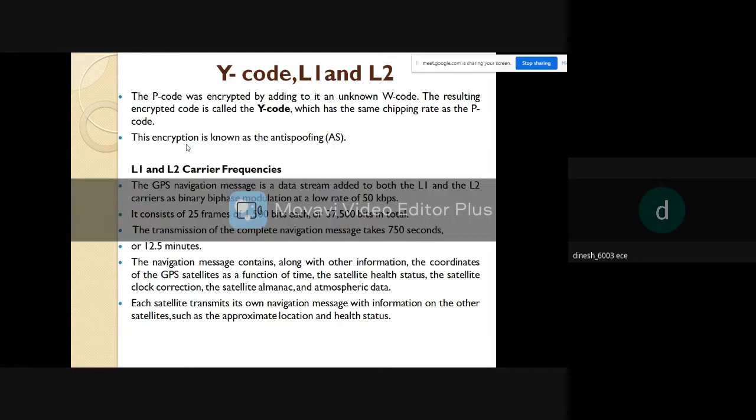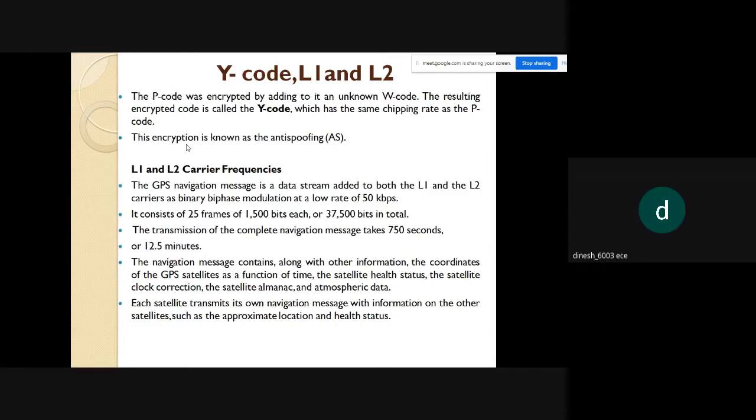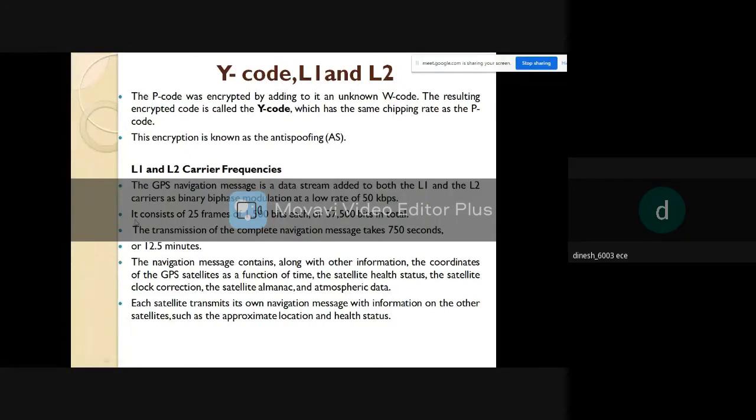The transmission of all these 25 frames will take approximately 750 seconds or 12.5 minutes. So the transmission of the complete navigation message will take 750 seconds or 12.5 minutes.